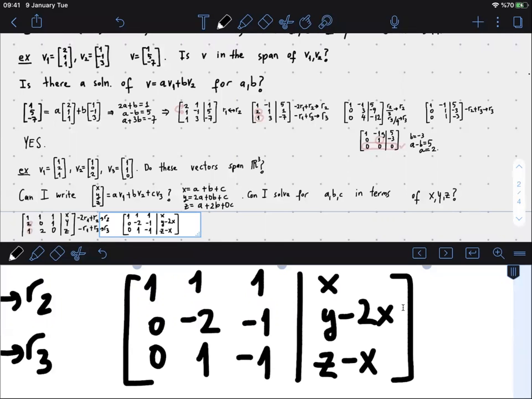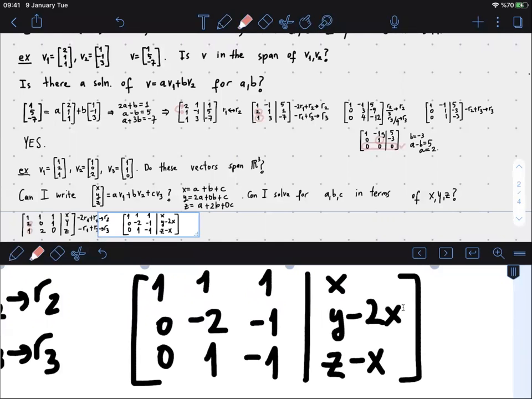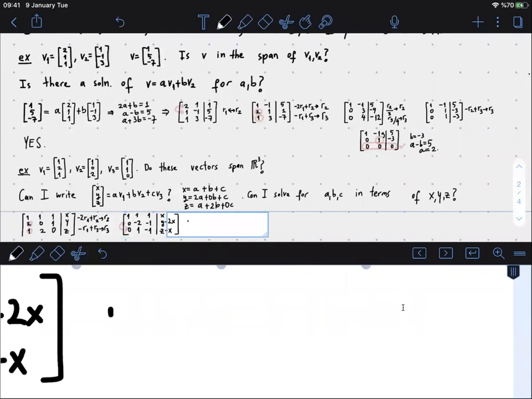Now the easy step. I'm trying to make this expression to be 1. To do that, I can swap these two rows, because I already have a 1 there. So if I do a row 2 and row 3 swap, let me write this.